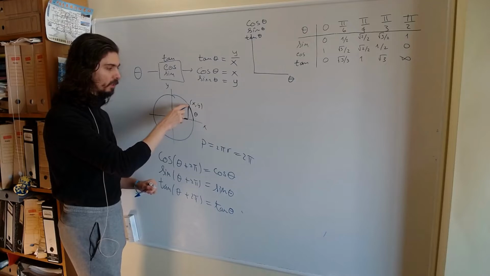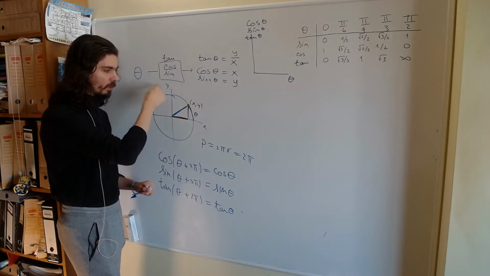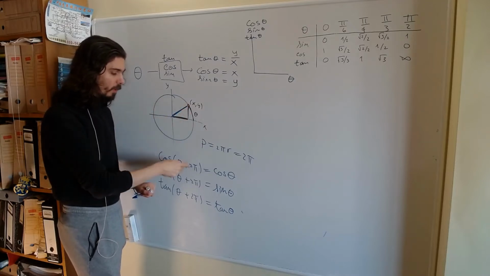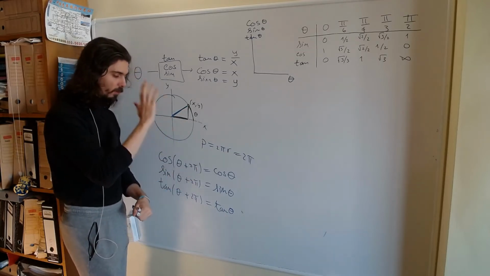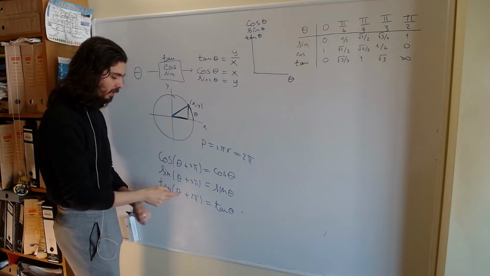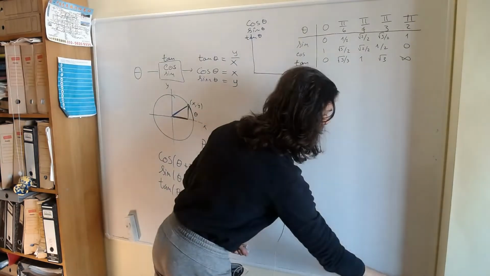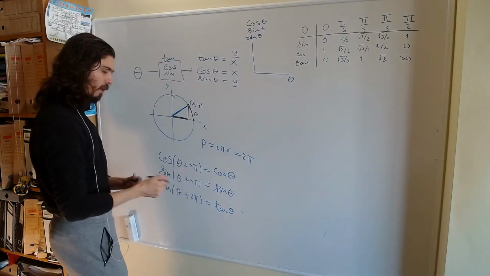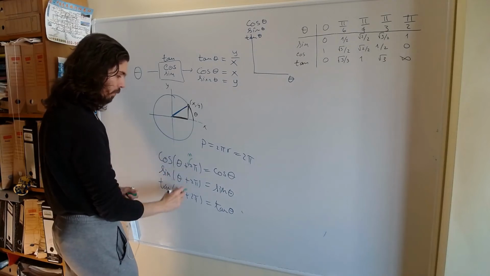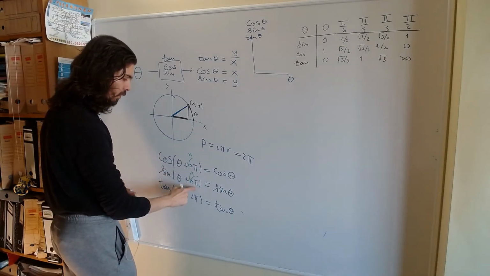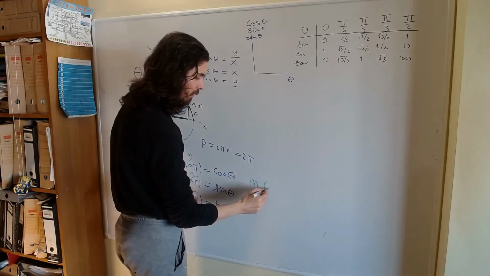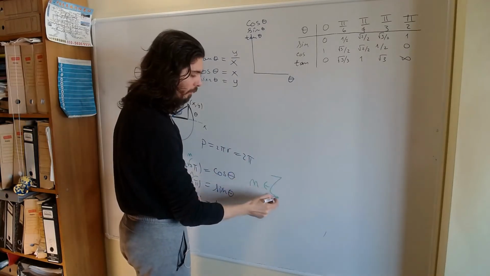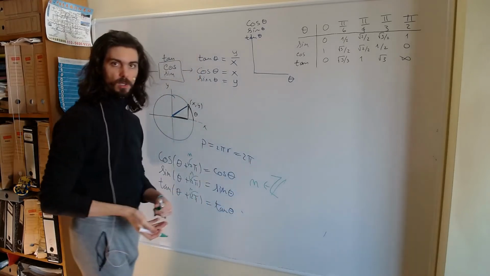If you start here and now go clockwise, you arrive at the same point. So you can add as many multiples of 2 pi, positive or negative. The same for the sine and the tangent. So let's fix this. It's not just 2 pi, it's any multiple of 2 pi. Okay? Not just 2 pi, it's 2 pi times n. Okay? Where n is what? A number belonging to Z, all the integers, positive and negative.